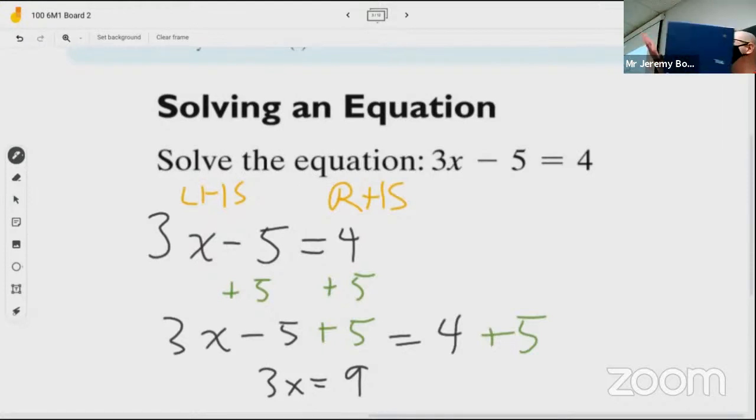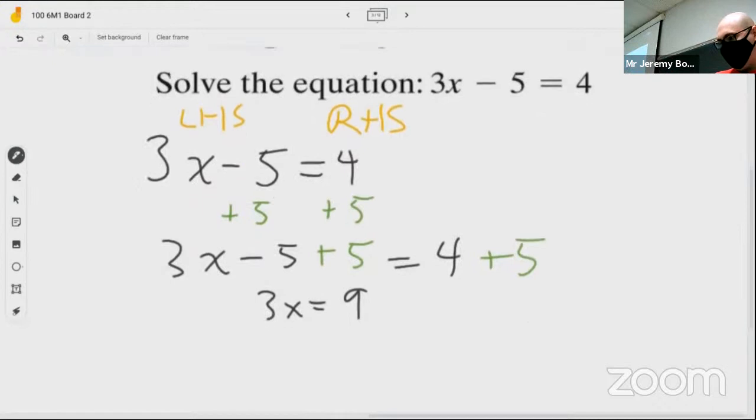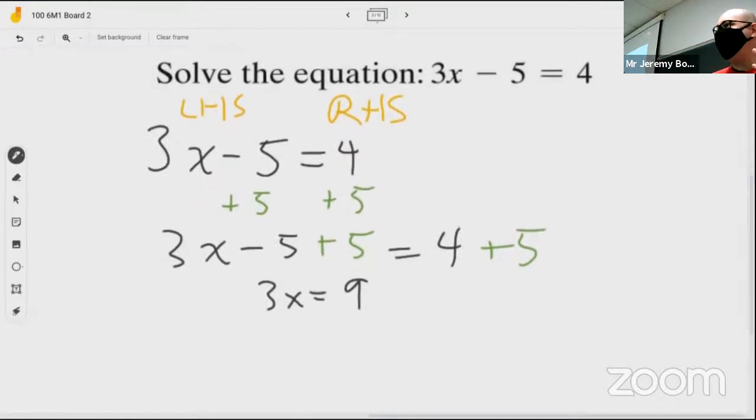All right, so I got all my x's on the left-hand side, and all the non-x terms on the right-hand side. What am I going to do to solve for x? This is what I'm talking about with isolate the x, right? Right now it's 3 x's. I just want 1 x, isolated alone.